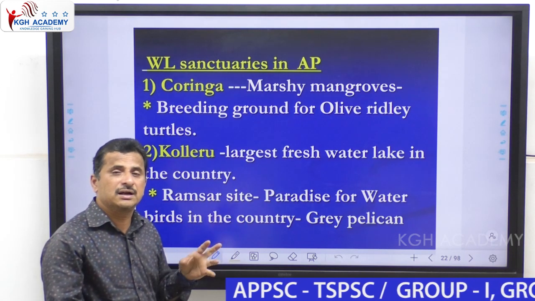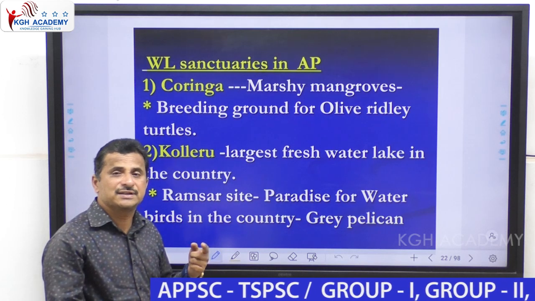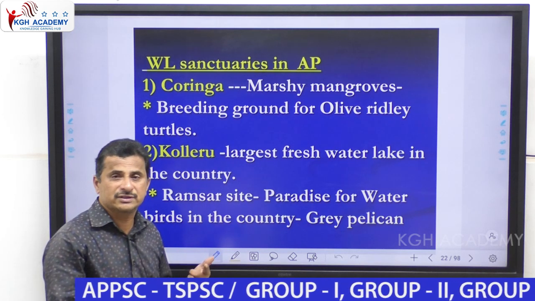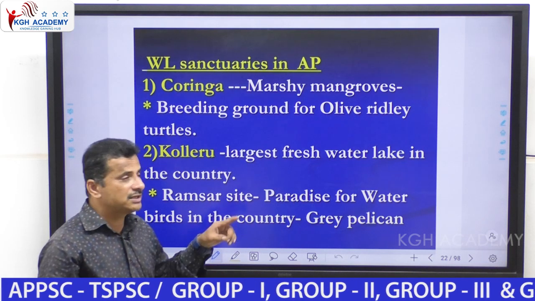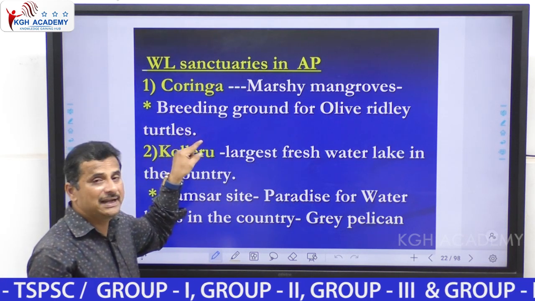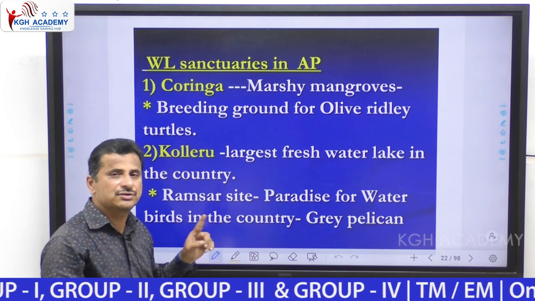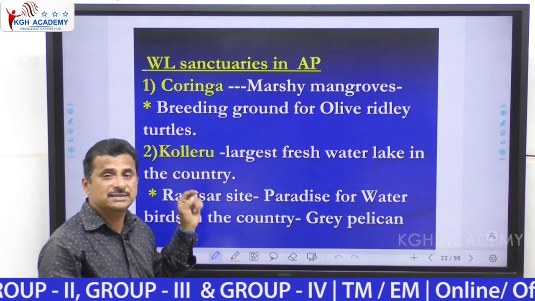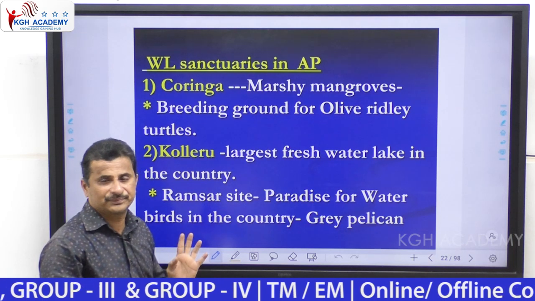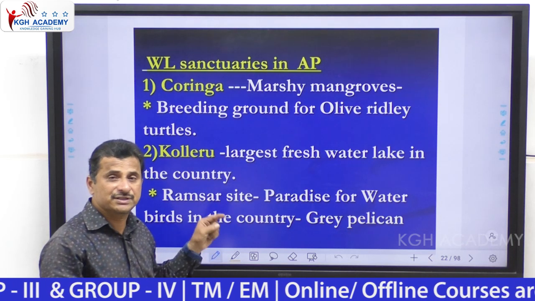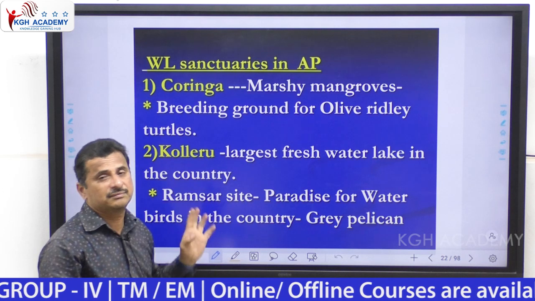Compared to Telangana, Andhra Pradesh wildlife sanctuaries contain more biodiversity and specialties. Very important: you can expect a question from this, and these are important in geography also.